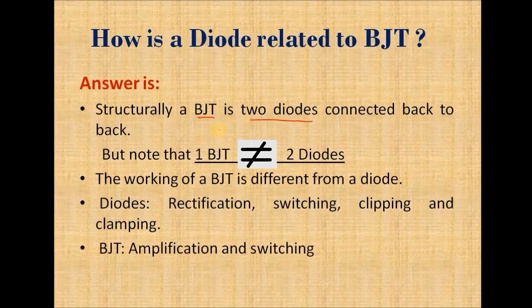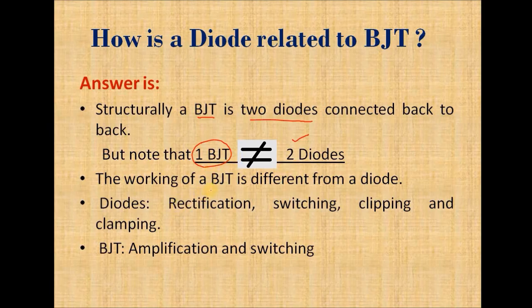However, we will have to understand that one BJT is definitely not equal to two diodes. Once we understand it, we can clearly understand a diode and differentiate it from a BJT.